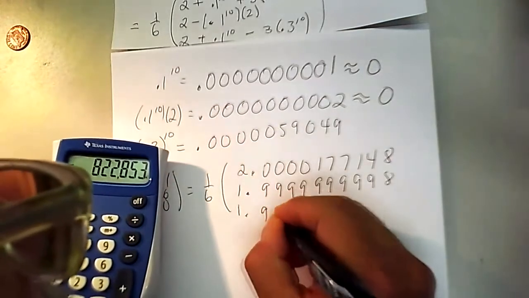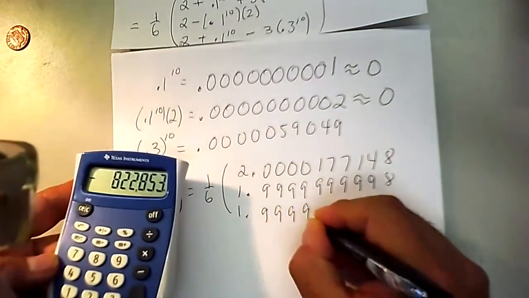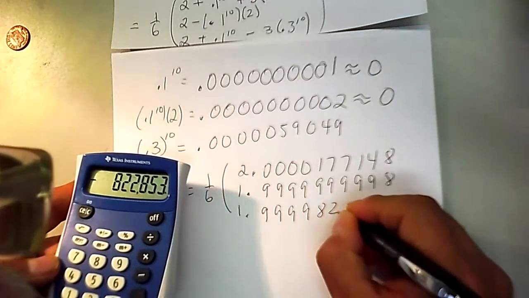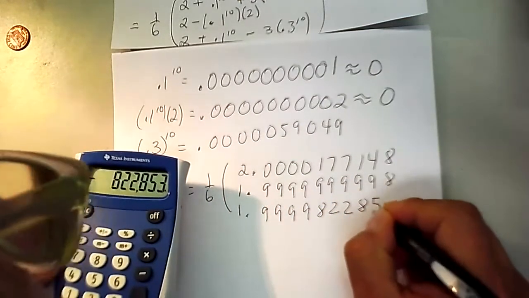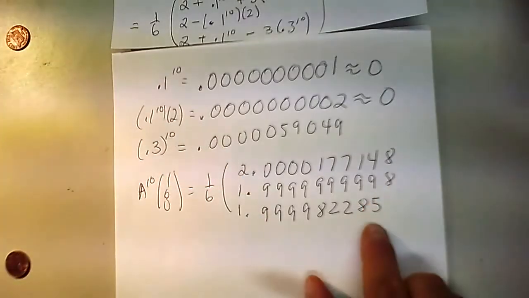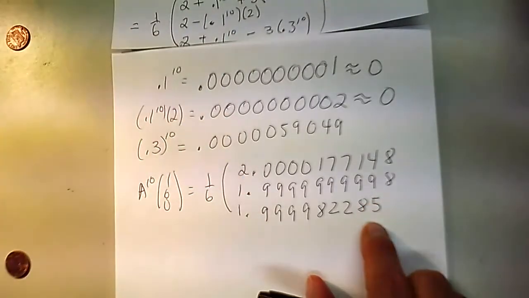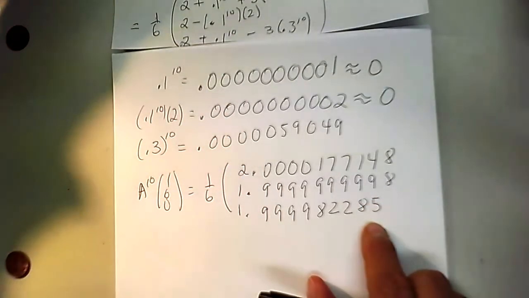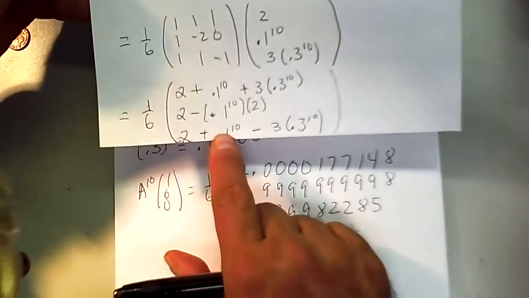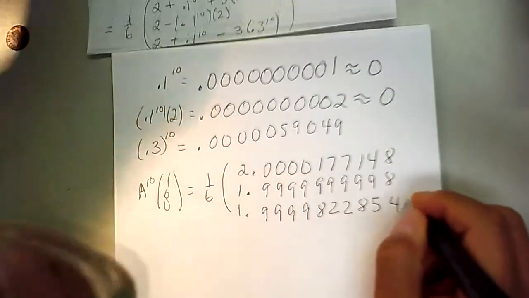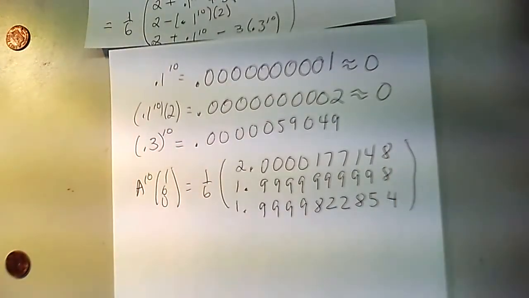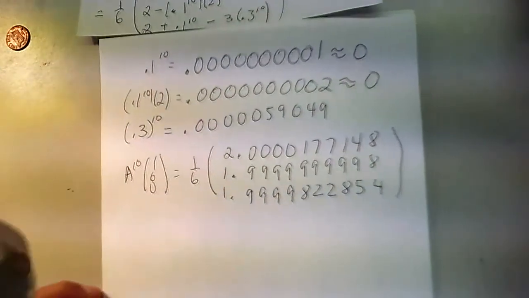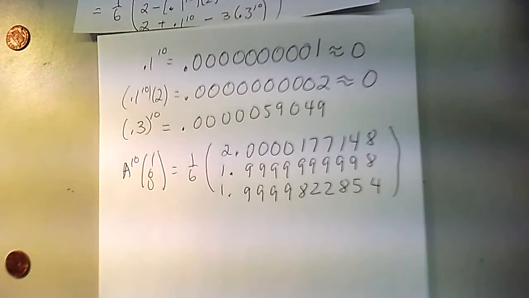So 1, 2, 3, 4, 8, 2, 2, 8, 5. Should be 5, 3, but we're going to add one of those, so 4, if I'm not mistaken. Yep. Let's see. I'm going to use a bigger calculator, a more powerful calculator.